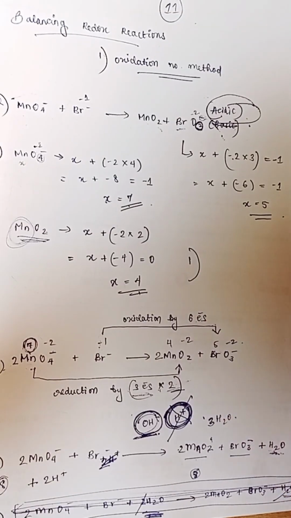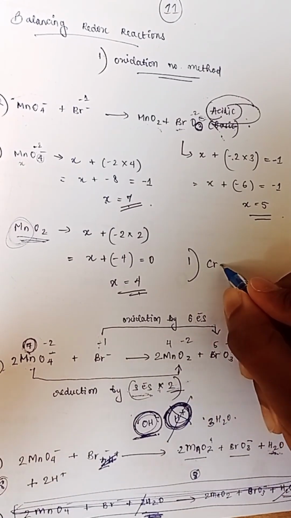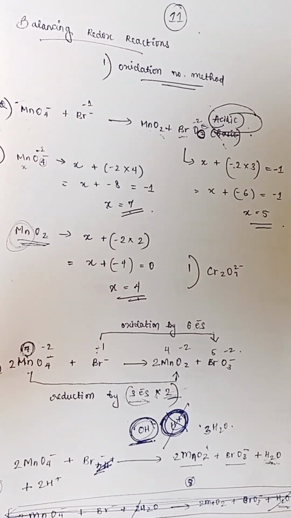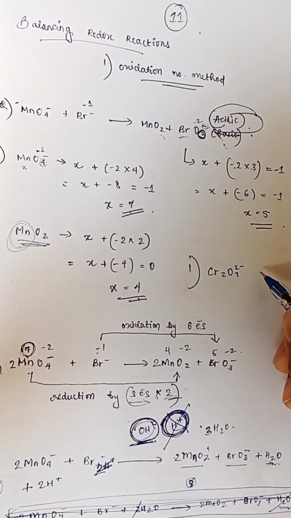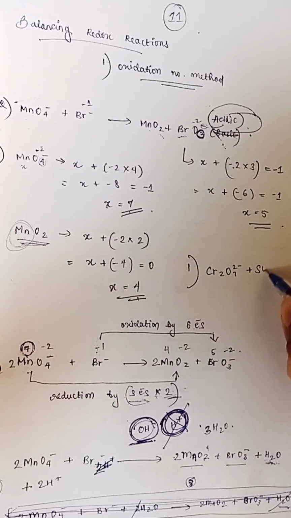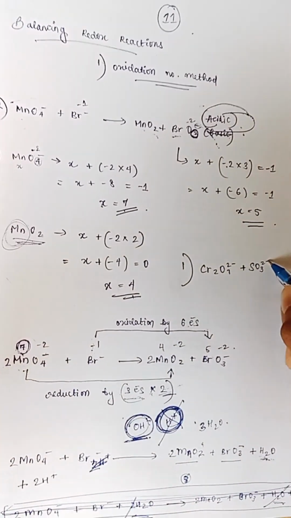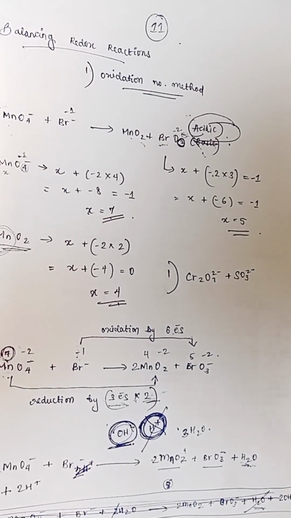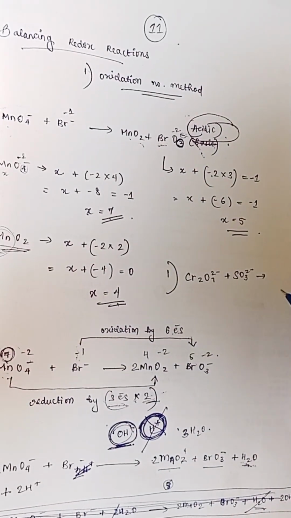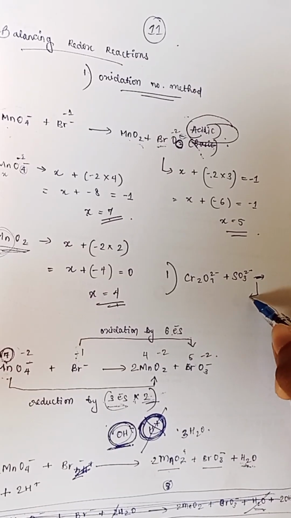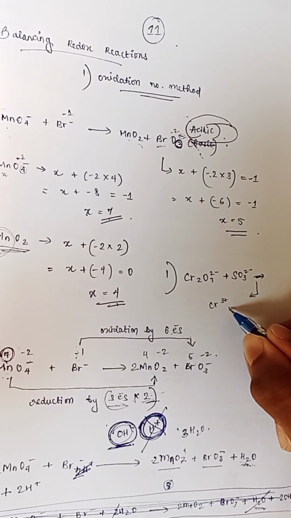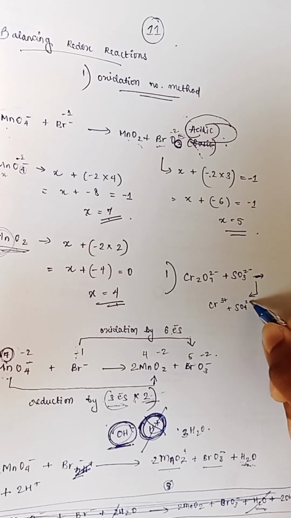The question for you is Cr2O7 2 minus plus SO3 2 minus gives us Cr3 plus SO4 2 minus.